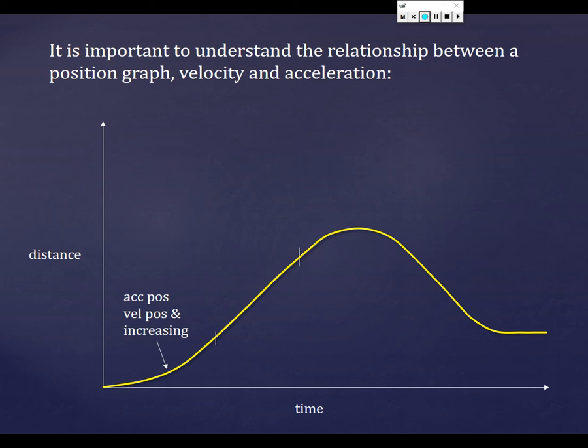So acceleration would be 0 and velocity would be positive and constant, right? If it really is true that the velocity is some constant number, then the slope of this graph always has the same answer. The slope of the graph isn't changing. The velocity is not changing. The acceleration is 0.